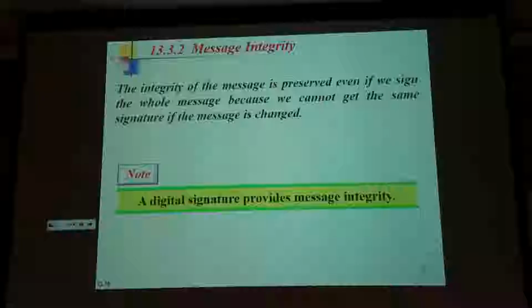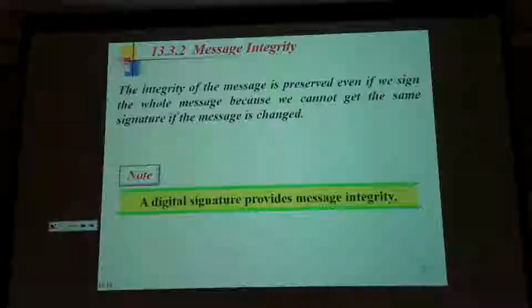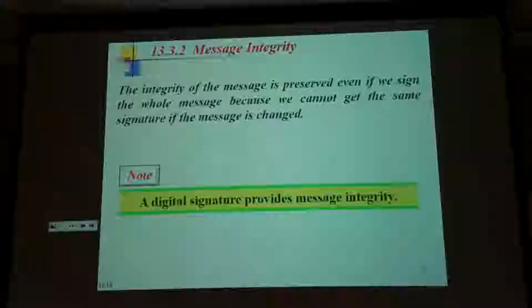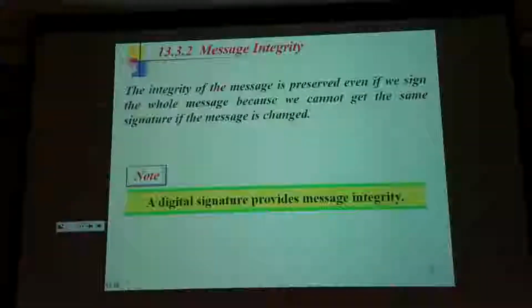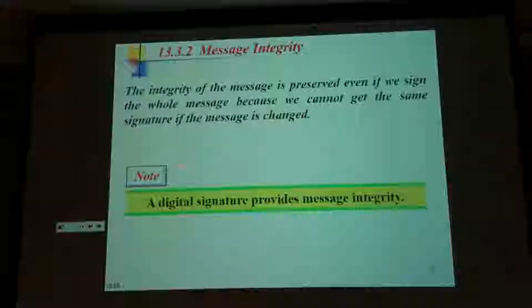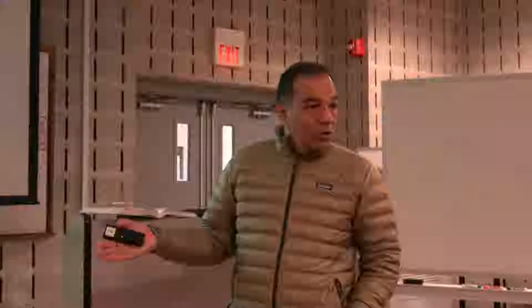That means the message is integral, not altered. How does that happen? The integrity of the message is preserved even if we sign the whole message, because we cannot get the same signature if the message is changed. How do we regenerate the signature from the original message?